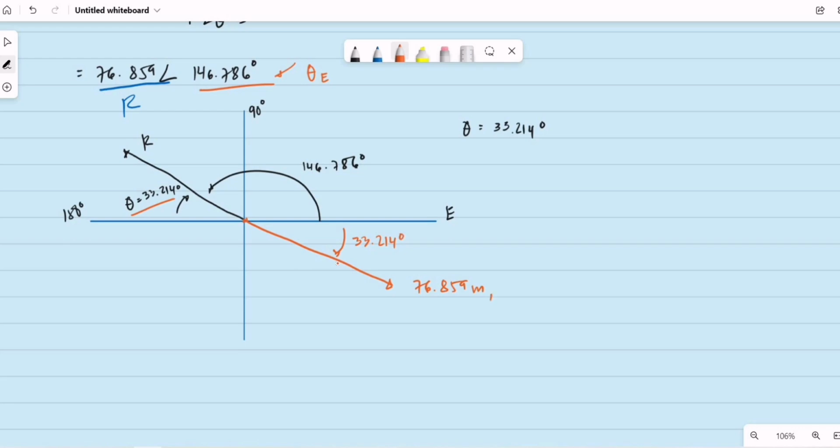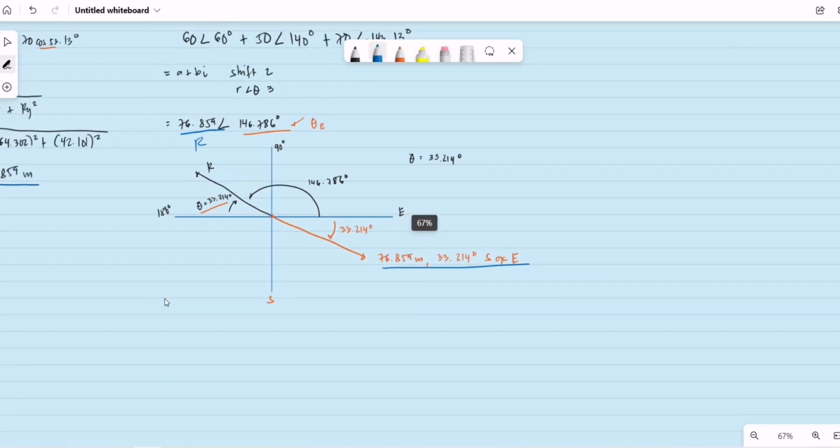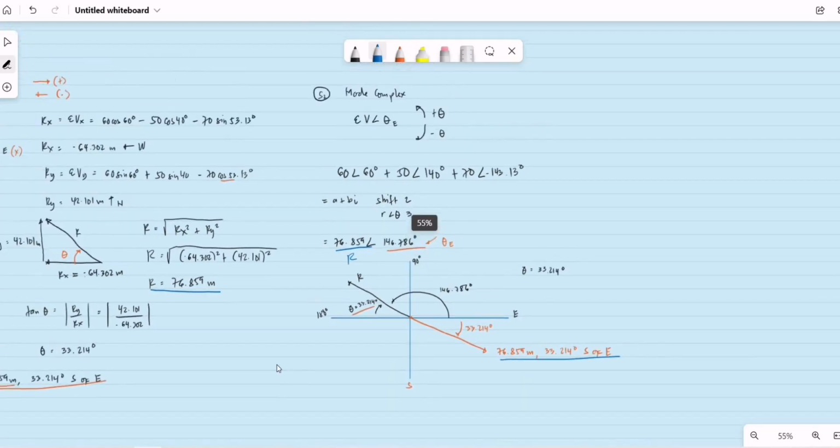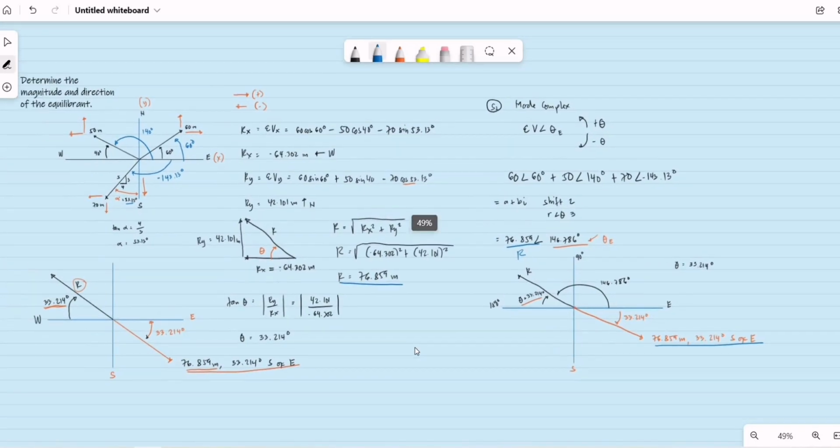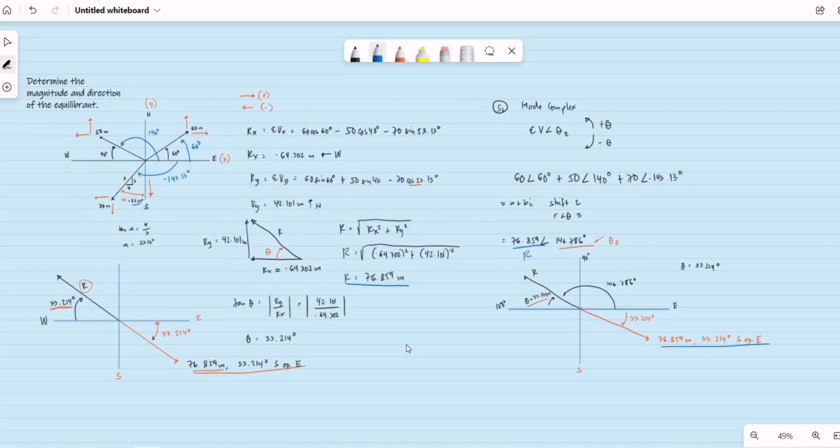So the direction, this is south direction, that is 33.214 degrees south of east. So again, this will be our answer for this example using the mode complex of our calculator, by component method and by mode complex of calculator.